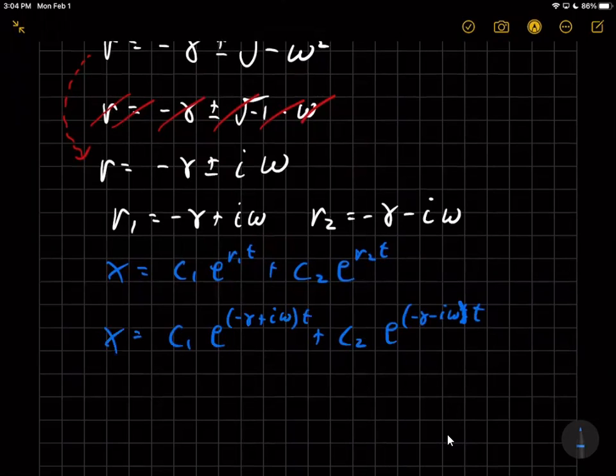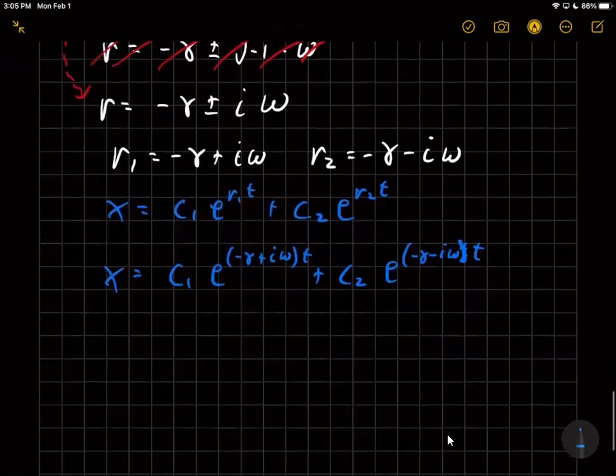We need to somehow, though, make it look like it's an exponential decay times the sinusoidal part. So what we have to do is first rewrite these terms as factors. We get e to the negative gamma t times e to the i omega t.